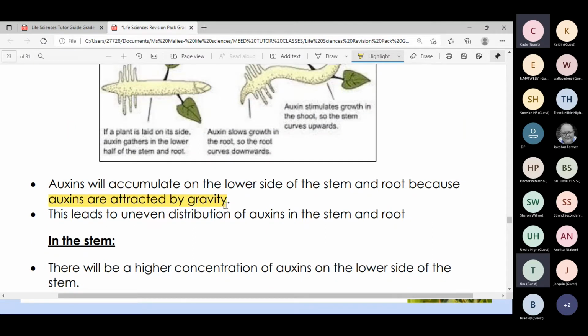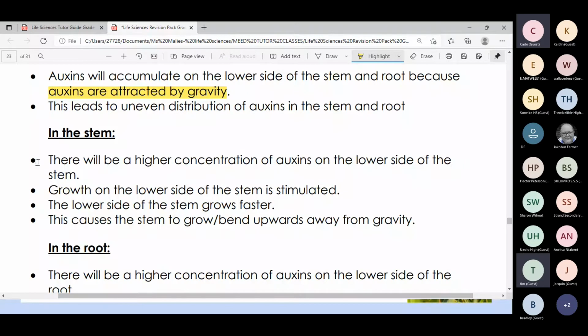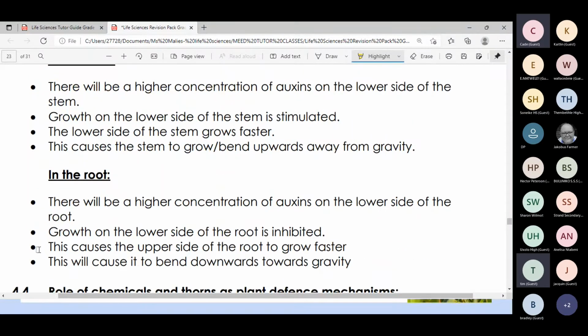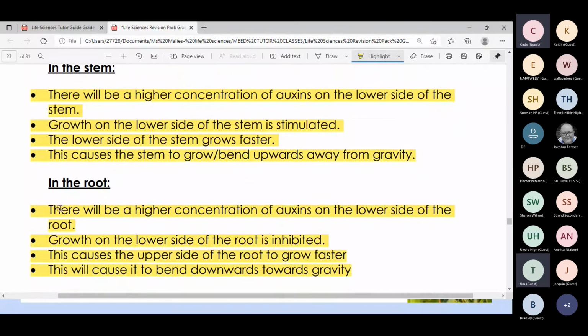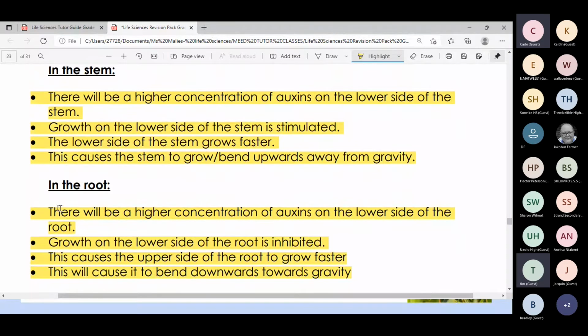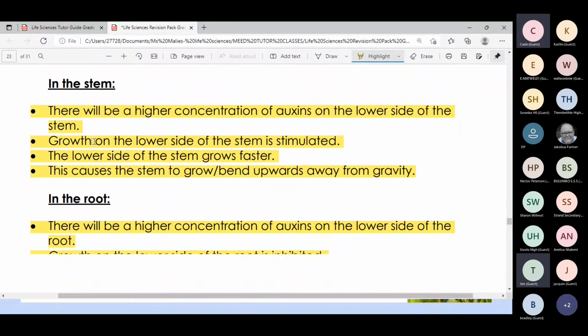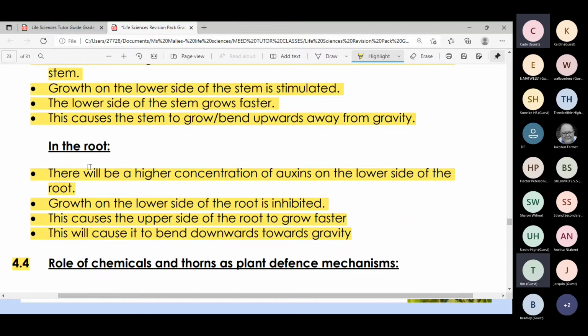Please take note of those four bullets, what's happening with the stem and what's happening in the root. I explained it earlier to you, but highlight these four bullets. Highlight whenever you get a question, which might happen later on, regarding geotropism, what's happening in the stem and what's happening in the roots. Correct explanation, grade 12. Use the same words.